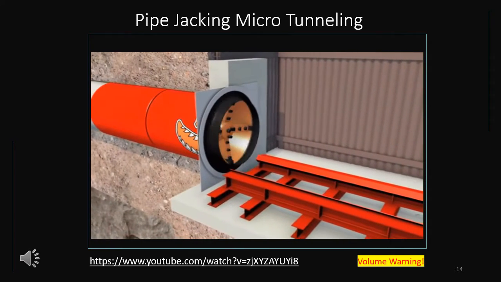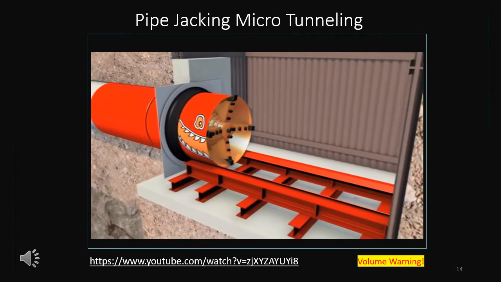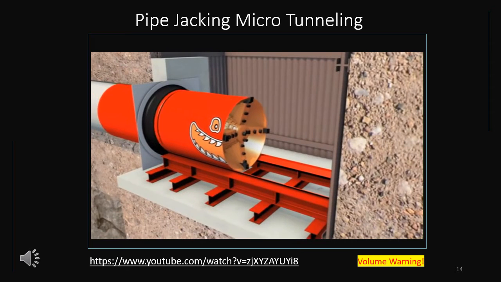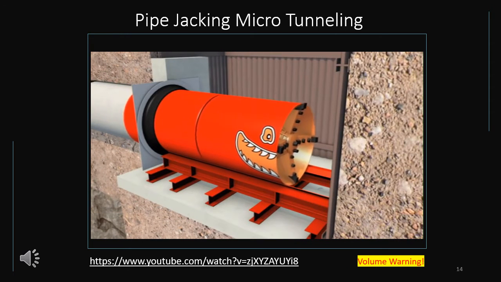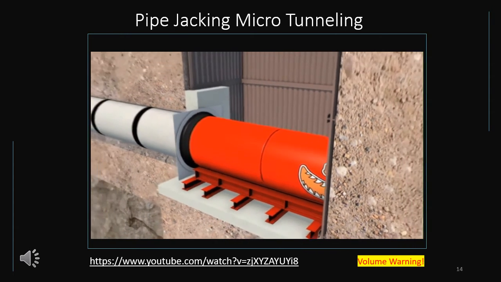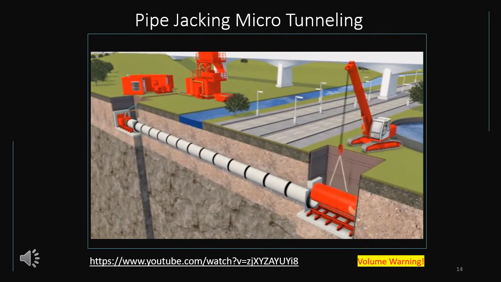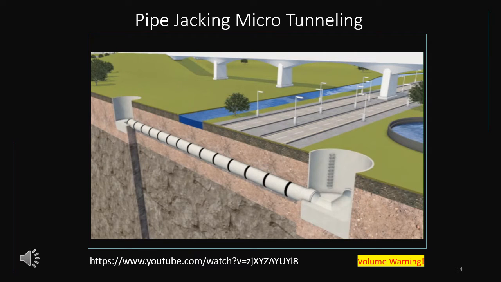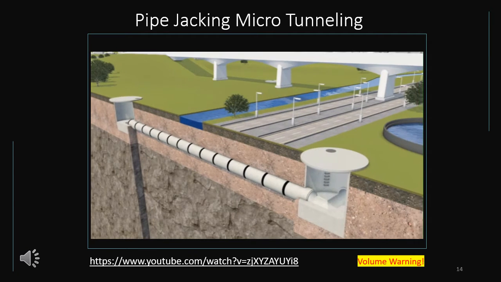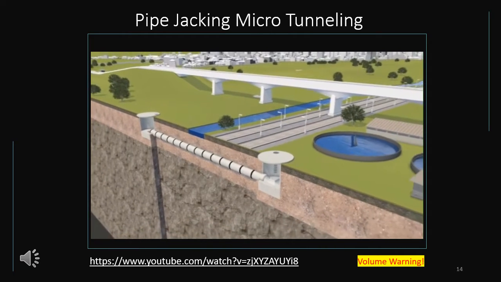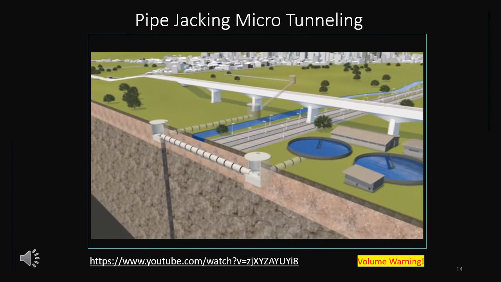Finally, the microtunnel machine exits the ground into the reception shaft, completing the drive. The machine and equipment are lifted and removed from the site, and manholes are built, ready for project completion. Microtunneling is the perfect choice for deep sewer and pipeline installations.